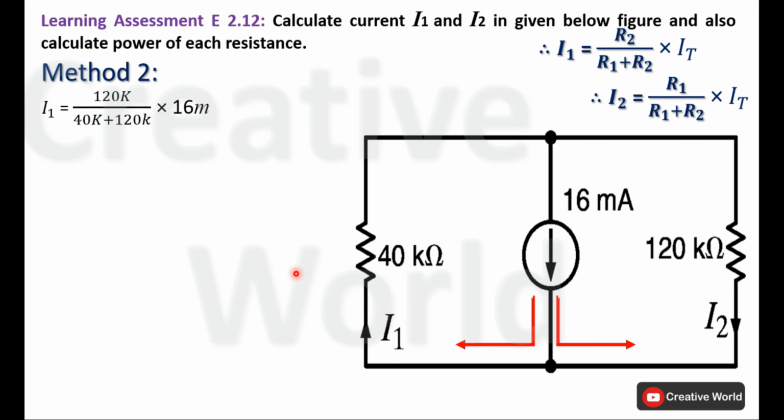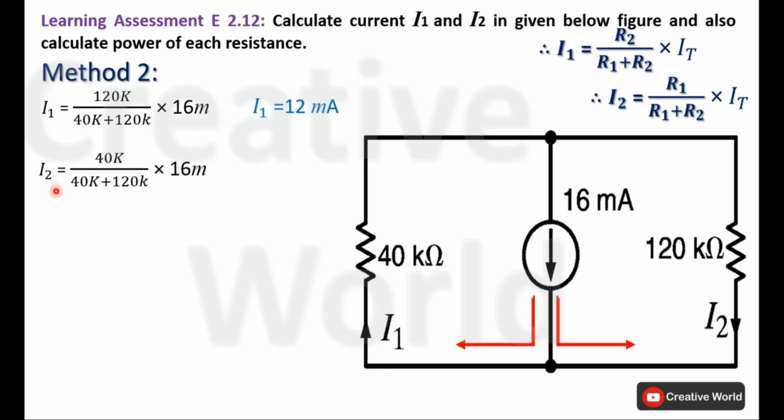For the calculation of I1, we will place the opposite resistance, 120 kilo ohm, in numerator, multiply it with 16 milliampere, that is total current, and divide it by the sum of these two resistances. So the value of I1 will be 12 milliampere. Now move towards I2.